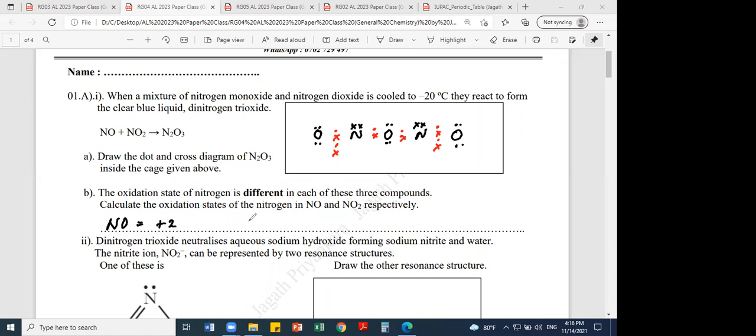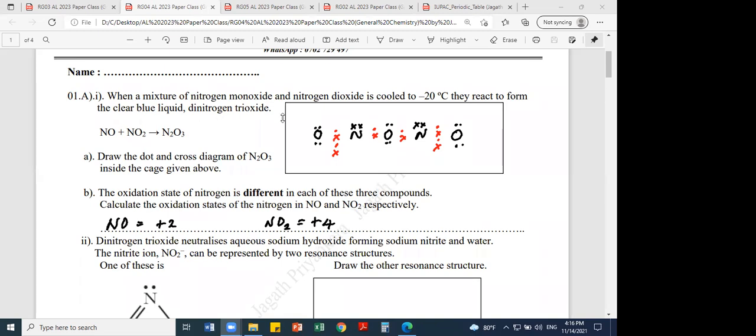Nitrogen dioxide, NO2, it is plus 4. Correct, good.